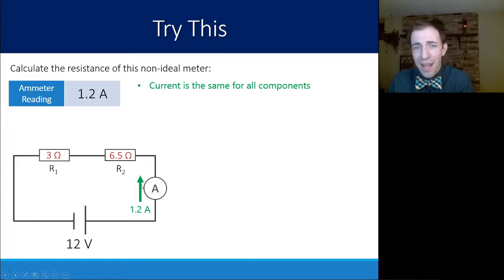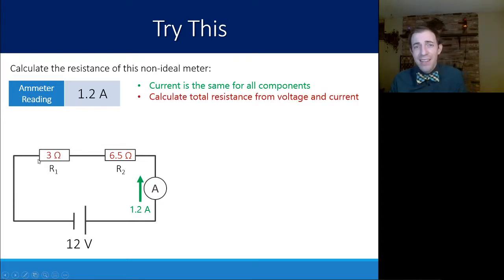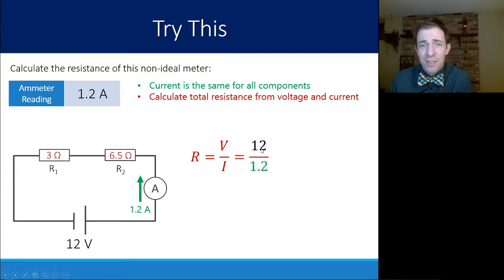That's what's flowing through A, but since this is in series, all of them are receiving that 1.2 amps. So I can calculate the total resistance if that's the current coming out of the battery, and I know the battery voltage is 12. Resistance is just voltage divided by current. So that's 12 divided by 1.2. That total resistance has to be 10 ohms.